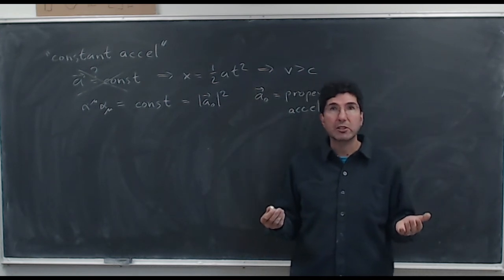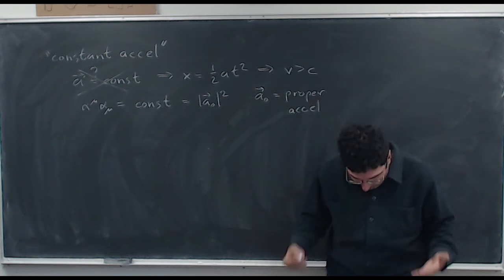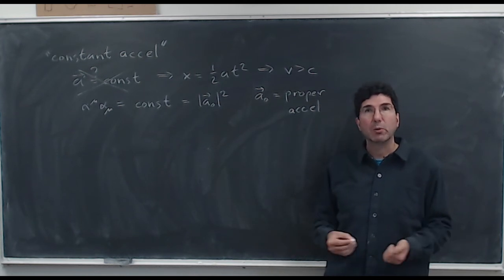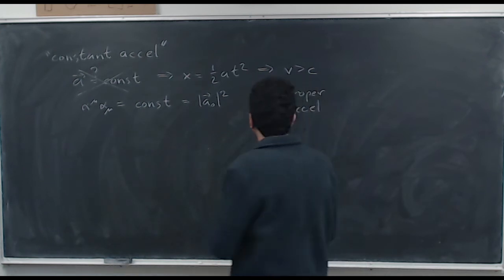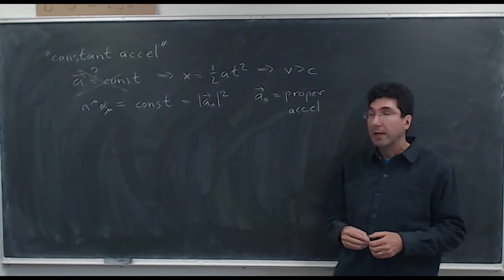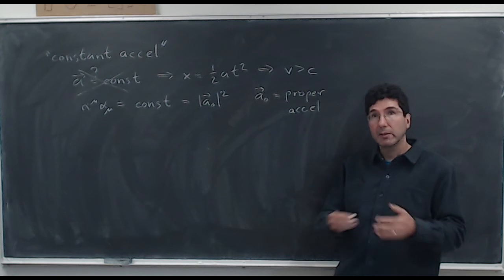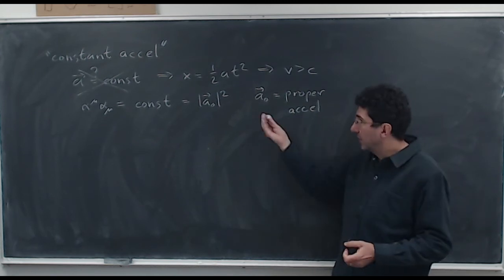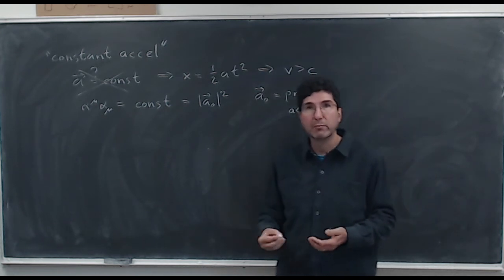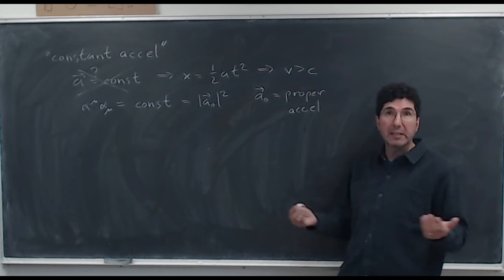We would be constantly accelerating, and we would always feel pushed to the floor by the same amount of effective gravity. So I claim that this is the physically correct notion of constant acceleration. Later on, we will see that if we put a charged particle into a constant electric field, this is the kind of motion that it has, so it generalizes constant acceleration motion in that case.